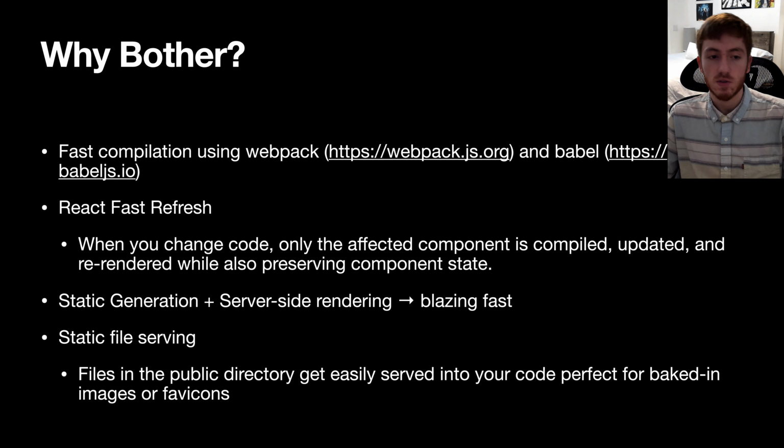You also get the benefits of static generation and server-side rendering, which are much faster than client-side rendering. We'll cover that in a second here. And you also get static file serving, which is great for hosting quick things for your web page, such as logos or favicons, different things like that. But you still would want to use a tool like AWS to host more intensive resources.